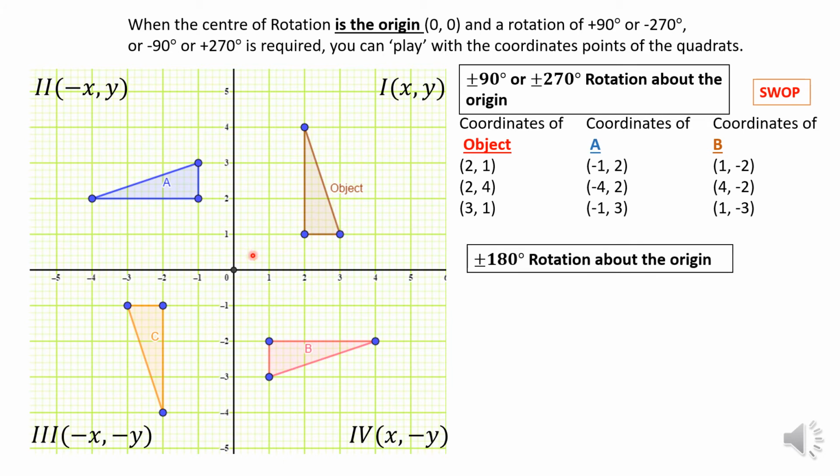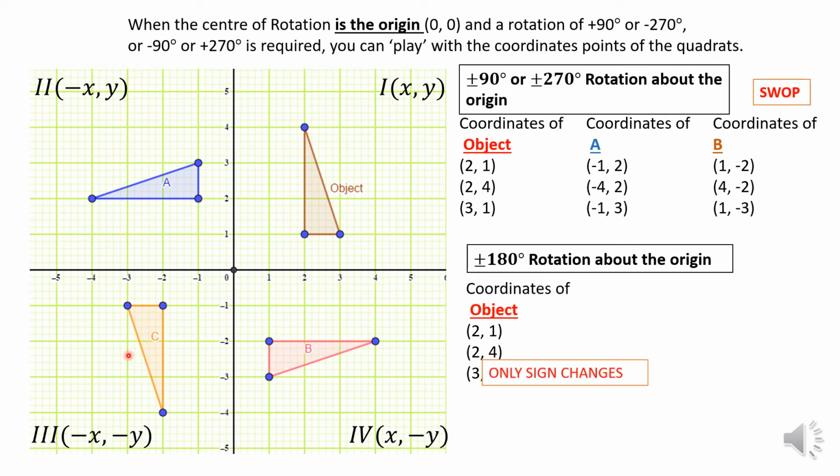Now this one is very interesting, and this also applies when the center of rotation is the origin. All you do is here you do not swap the coordinates. The only thing that will determine is in which quadrant your image now lies. As you can see, C here is in the third quadrant, and here everything is negative.